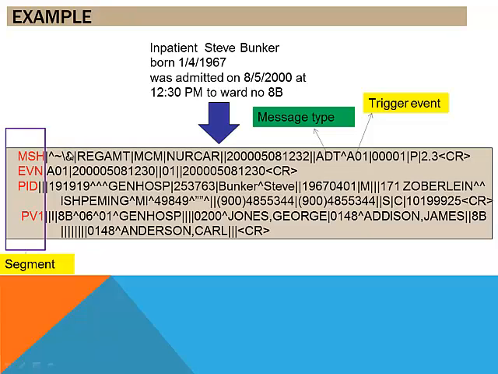In this piece of message, we have several segments here. This is one segment, from MSH to CR. This is the second segment. Also, this is the third segment. This is the fourth segment.